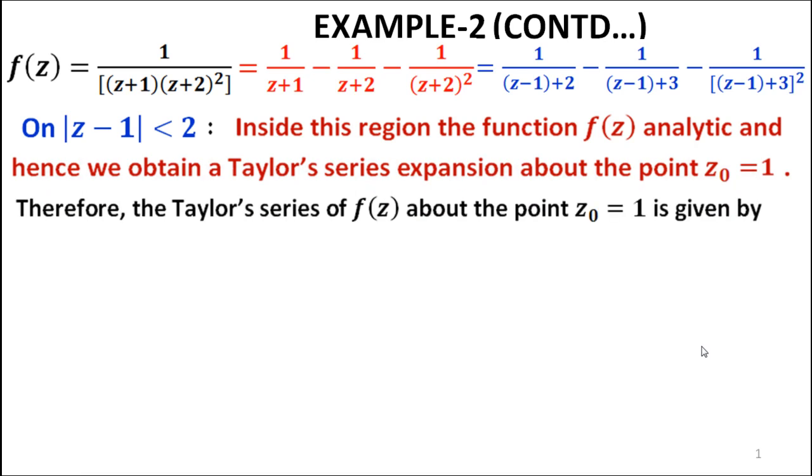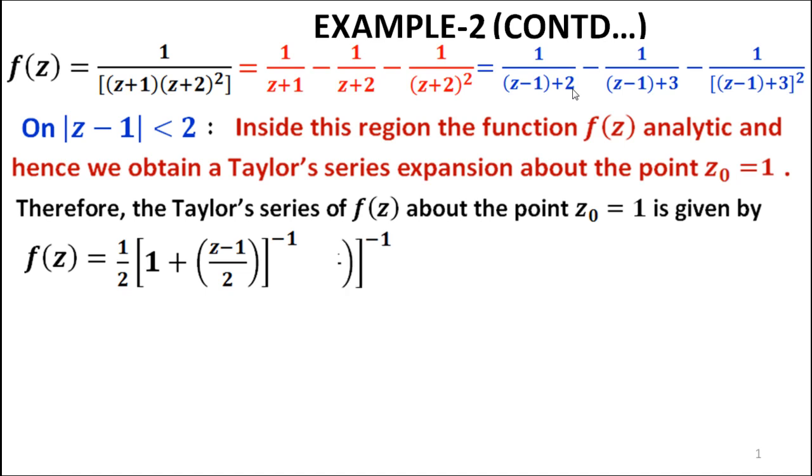Therefore, the Taylor series of f of z about the point z0 is equal to 1 is given by f of z is equal to the first term 1 by z minus 1 plus 2 can be written as, taking 2 out, then we have 1 by 2 times of 1 plus z minus 1 by 2 whole to the power of minus 1. Similarly, the second term can be rewritten as 1 by 3, taking out, and we have the remaining 1 plus z minus 1 by 3 whole to the power of minus 1.